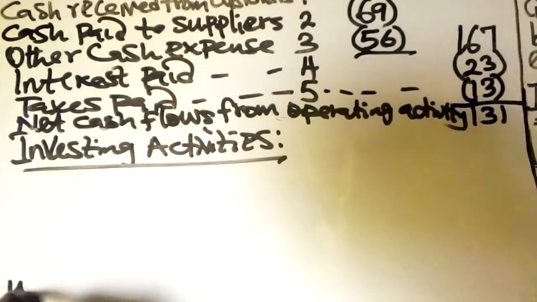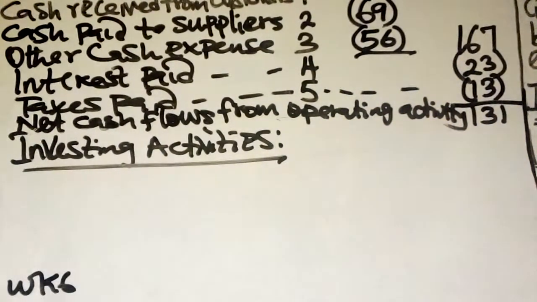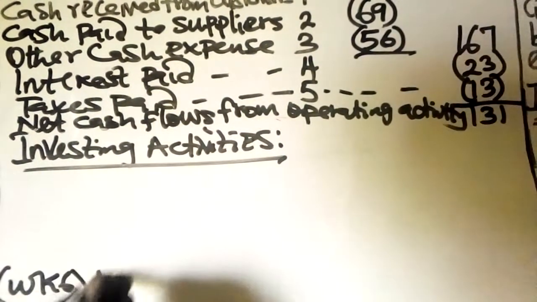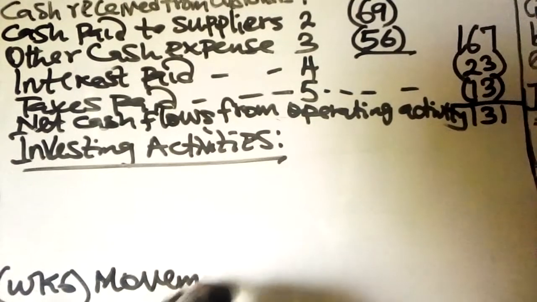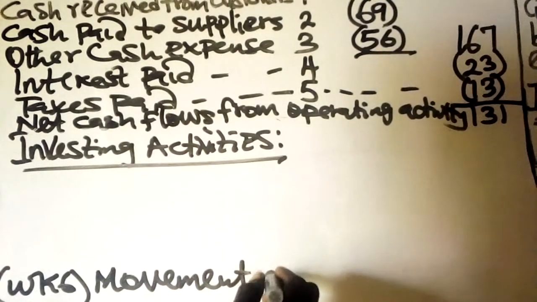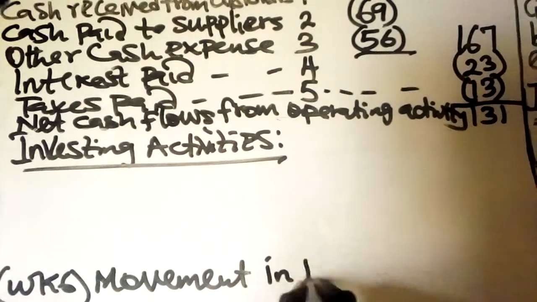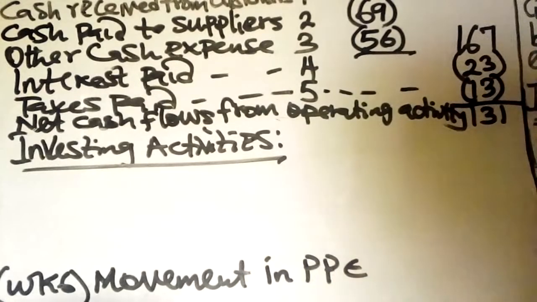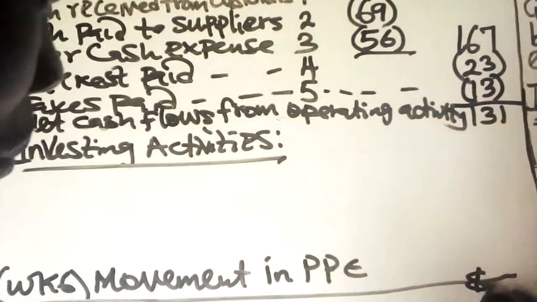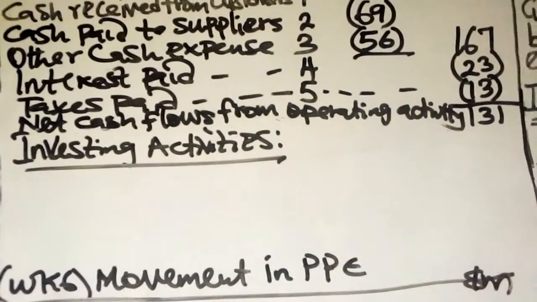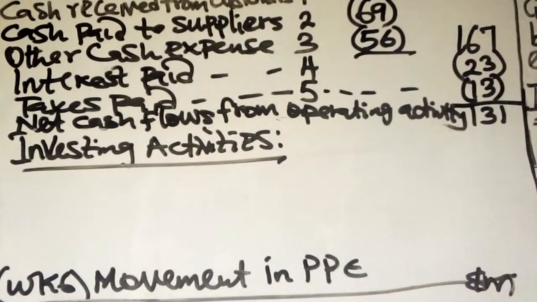Let's have that as working 6. Movement in non-current assets. The non-current assets include property, plant, and equipment, PPE. Movement in PPE.